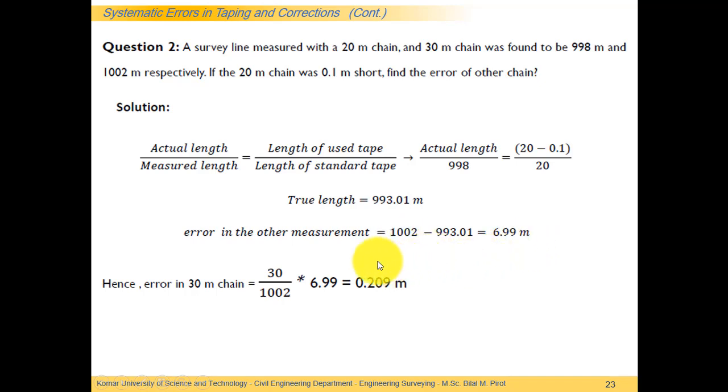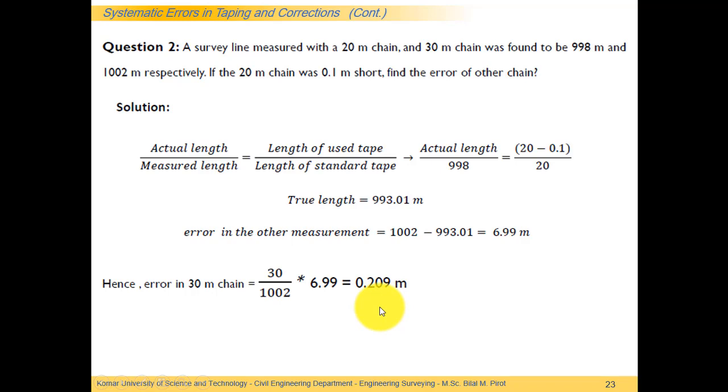Now we can use this formula for the second tape, because we have the true length, or we can say we have the error. You can put the error in this formula, then you will find the error in this tape. The error in this tape will be equal to 0.209 meters. So it means this tape is not exactly 30.